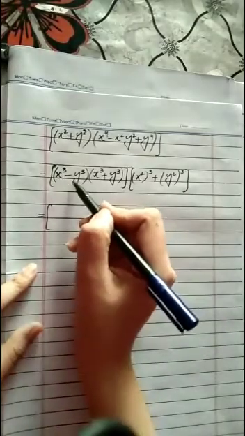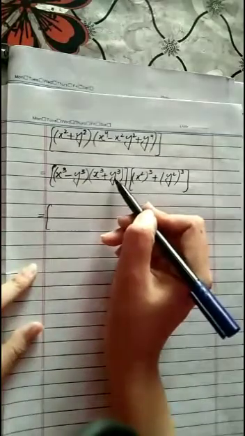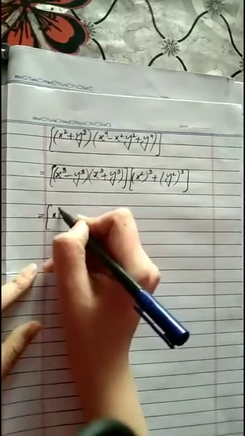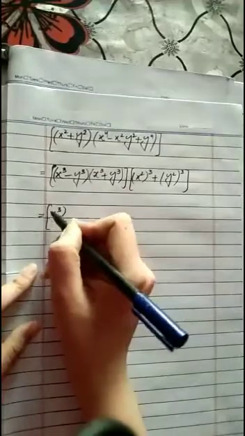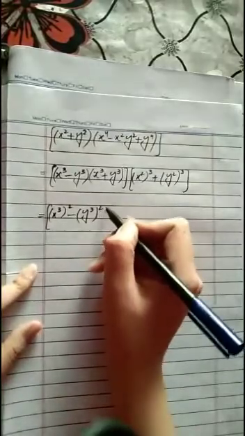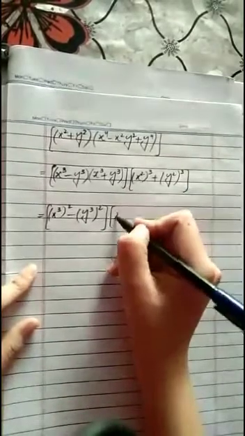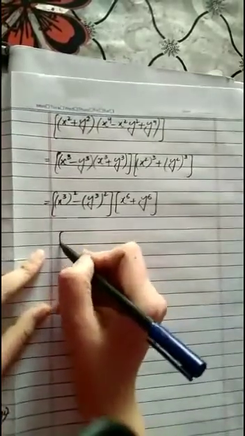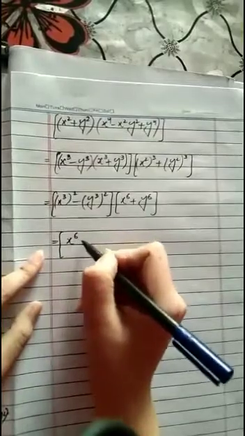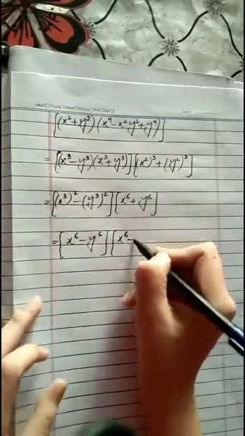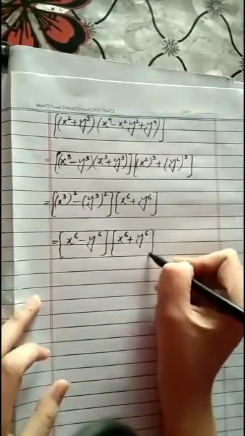Consider that it is a and it is b. (a − b)(a + b) equals a² − b². Open the powers: x⁶ − y⁶ and x⁶ + y⁶.